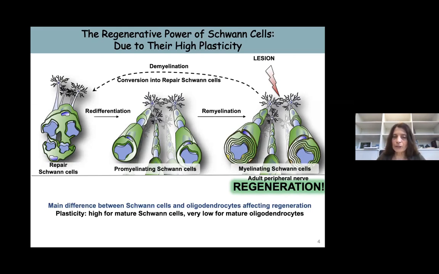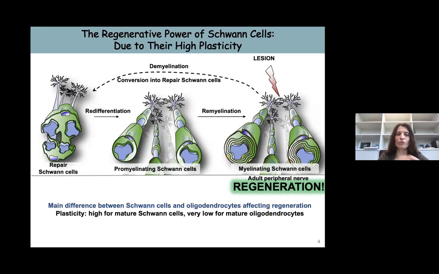In contrast, oligodendrocytes, in case of a lesion in the CNS, cannot do this reaction. They do not demyelinate at all. They continue to try to myelinate the damaged axons, or they die. In any case, their myelin is not removed, and it contains several growth inhibitory factors for axons.